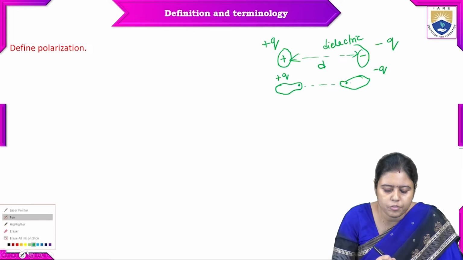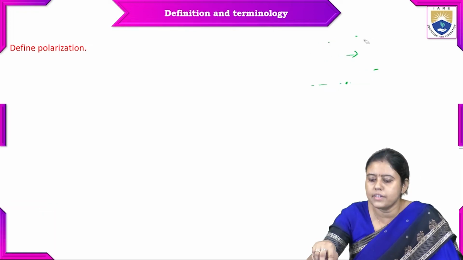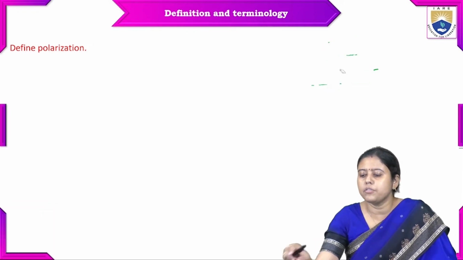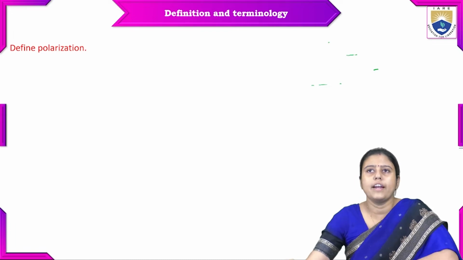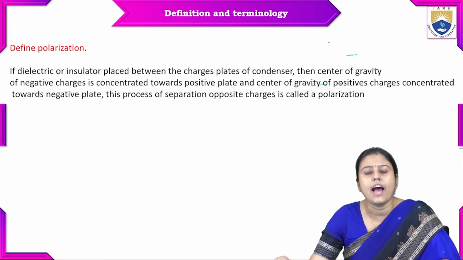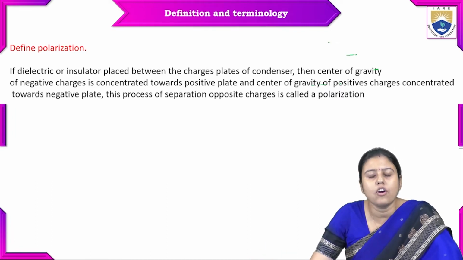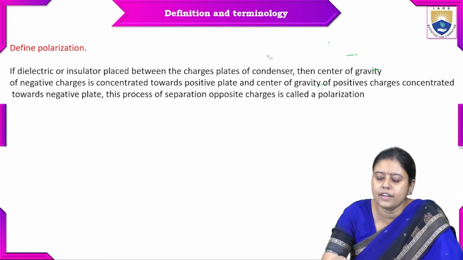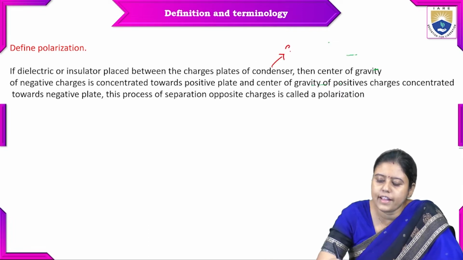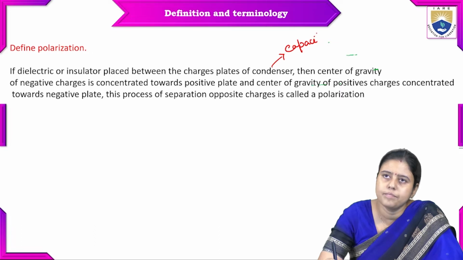So what is the definition? According to the definition, we can say if a dielectric or insulator is placed between the charges of a condenser, another name of the condenser, so condenser is nothing but the capacitor.